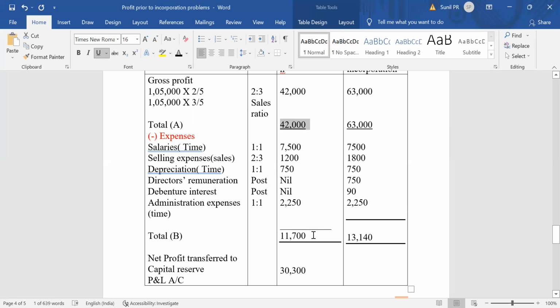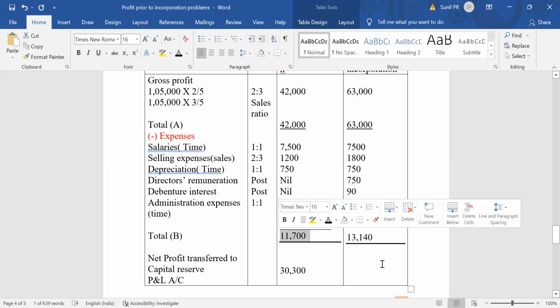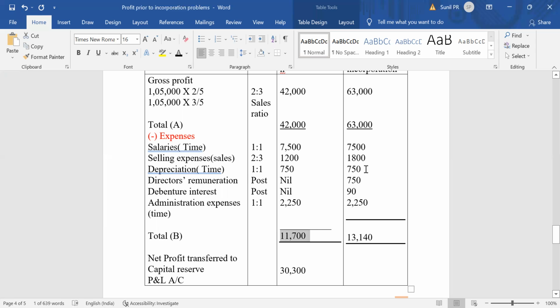Expenses of pre-incorporation was 11,700. Now this minus this, A total minus B total: 42,000 minus 11,700. That is called 30,300 profit.